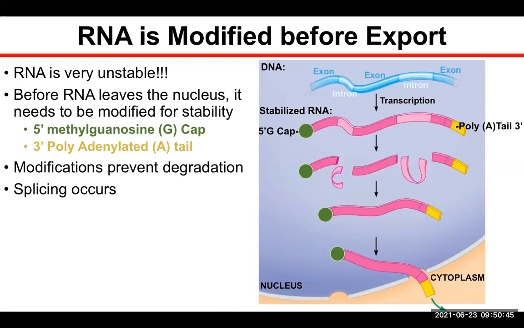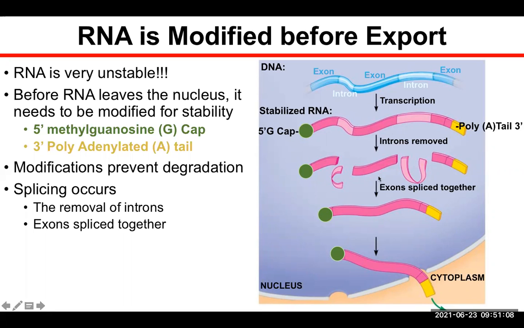As I mentioned before, exons are what encode for the actual protein product. The introns don't do any of that. Again, scientists believe that they play a role in promoting genetic diversity, but we still don't know what they do. In the process of splicing, the introns are removed and the exons are spliced, or stuck together, to form one cohesive unit.